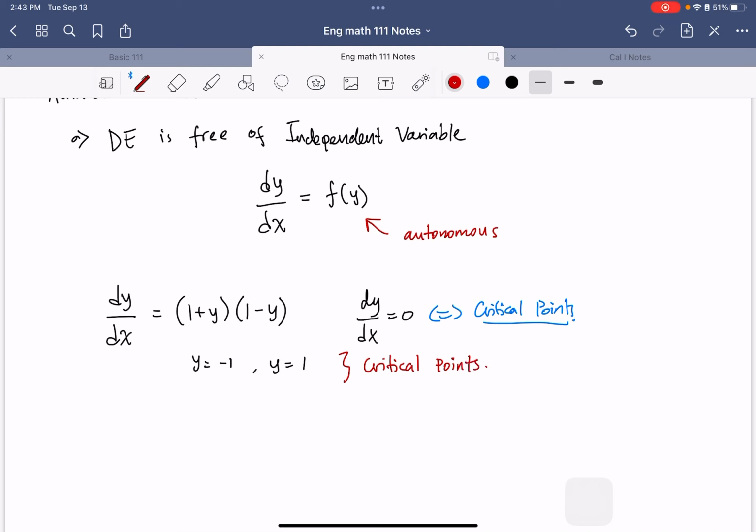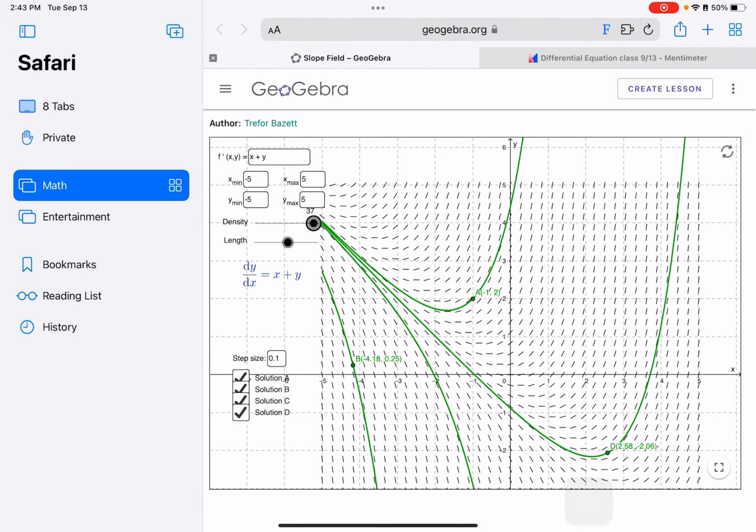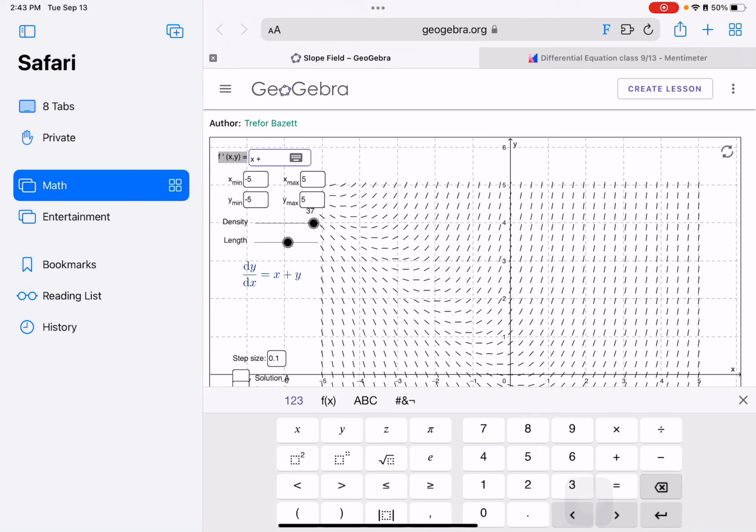That will be symbolized by a line, something similar to an asymptote. Let me show you what it means. Let me go through the graph first. Let me erase all this, and then take (1 plus y) times (1 minus y).